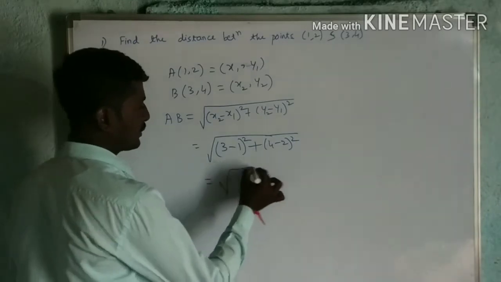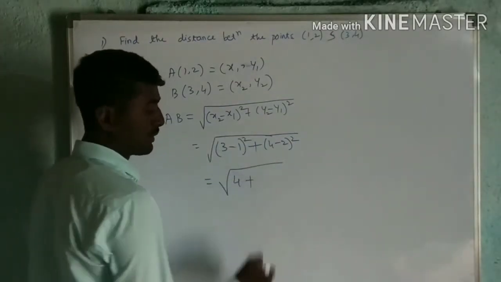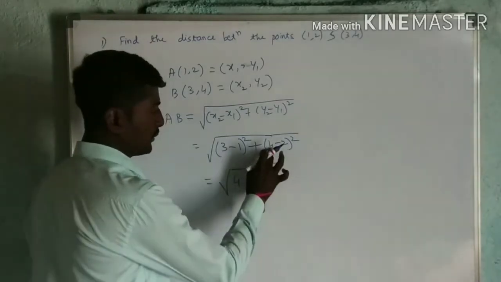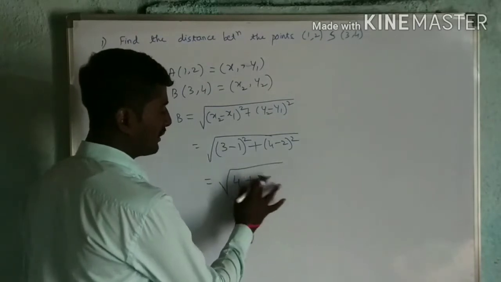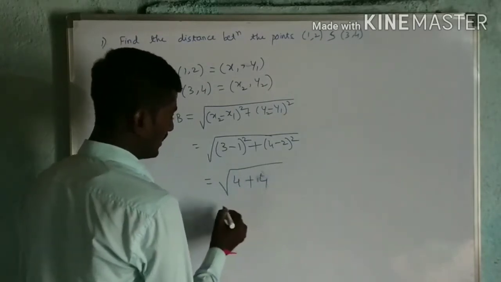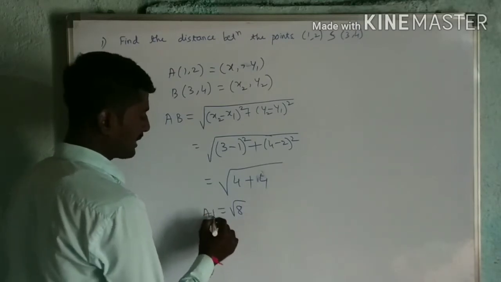Now this is under root of 3 minus 1, 2 square is nothing but 4 plus 4 minus 2 square, that is also 2 square is 4. So this is 4 plus 4, this is what? 8. So AB here I am getting as root 8.